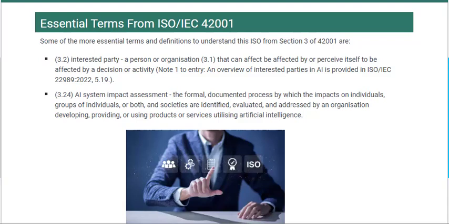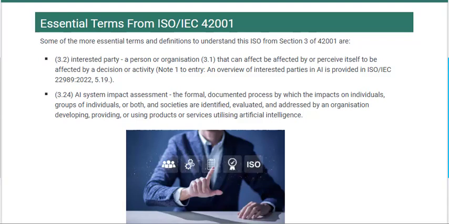Note 1 to entry: an overview of interested parties in AI is provided in ISO/IEC 22989:2022, 5.19. 3.24, AI system impact assessment, the formal, documented process by which the impacts on individuals, groups of individuals, or both, and societies are identified, evaluated, and addressed by an organization developing, providing, or using products or services utilizing artificial intelligence.